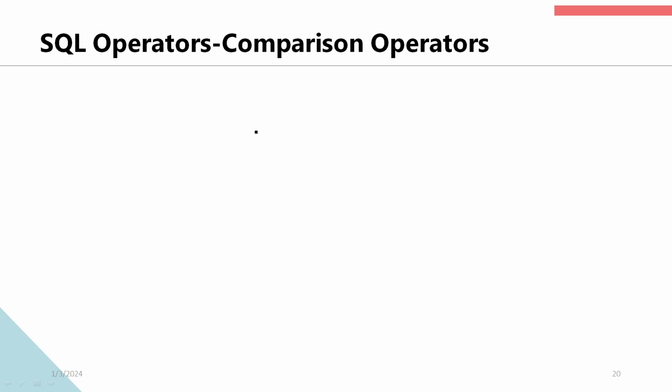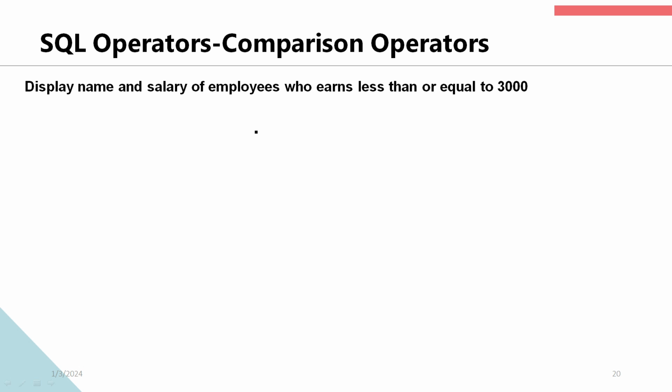Let us go with one more example which uses a different comparison operator. Here is the query: we want to display the name and salary of employees who earn salary less than or equal to 3,000.